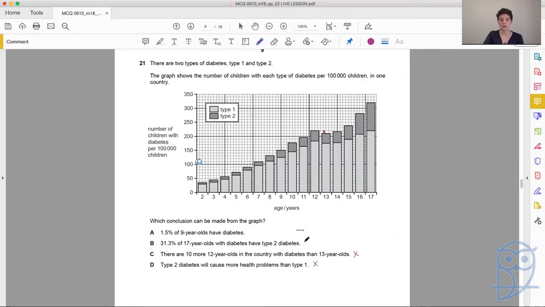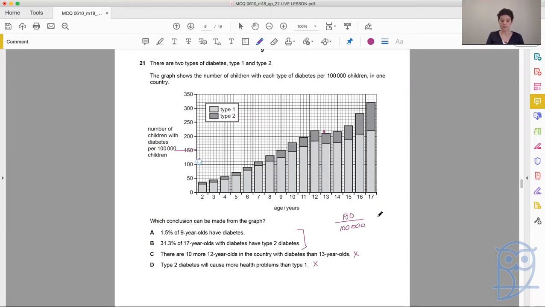So it's between the first one and the second one. So 1.5% of 9-year-olds have diabetes. So let's look at 9-year-olds and take them across. So we have 150 per 100,000 that have diabetes. Okay? So that is our 9-year-olds. When it comes to our 17-year-olds, we have a different relationship.